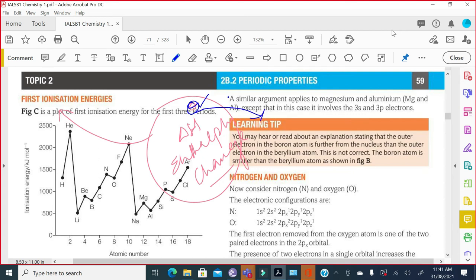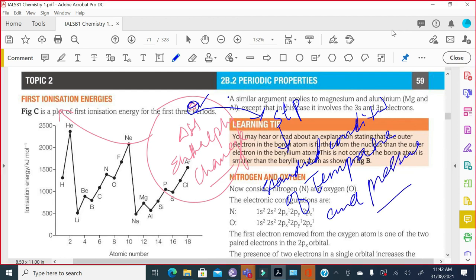This stands for STP, which means standard conditions of temperature and pressure.